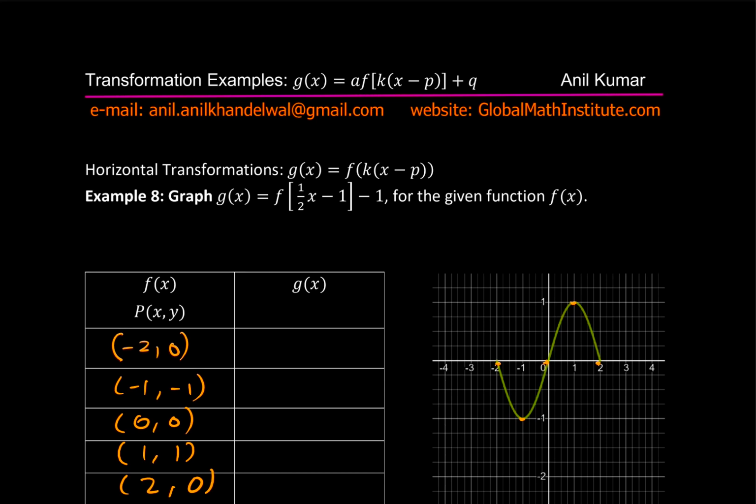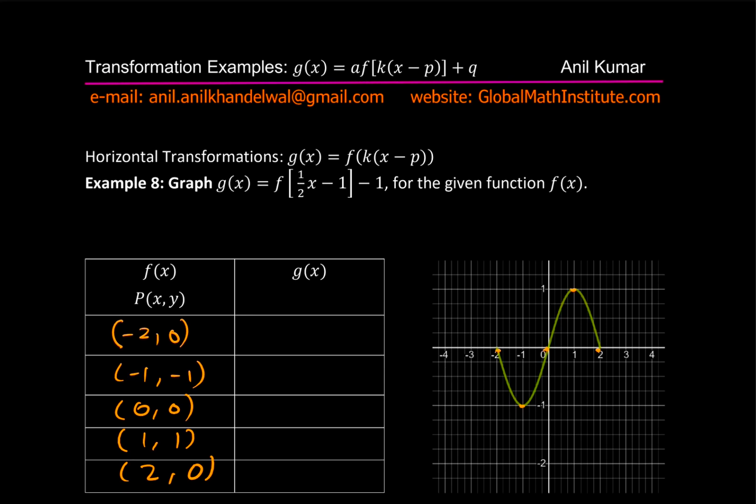Now, in these original points, we will apply the transformation. Transformation for us is now half of x. That is, in a way, you should write in the standard form. So let me rewrite this. So we are saying g of x is equal to f of, take half common, right? So when you do that, you get x minus 2.